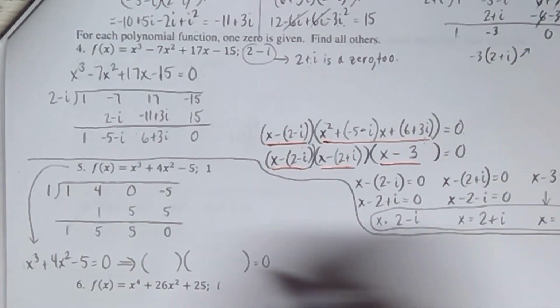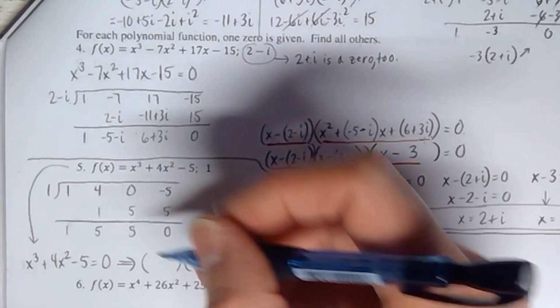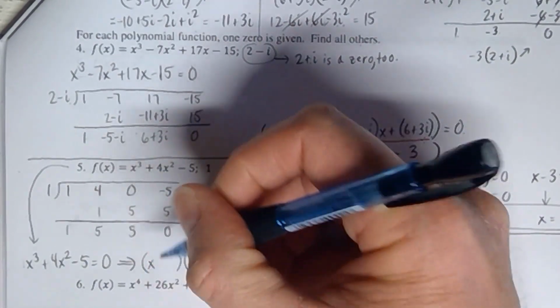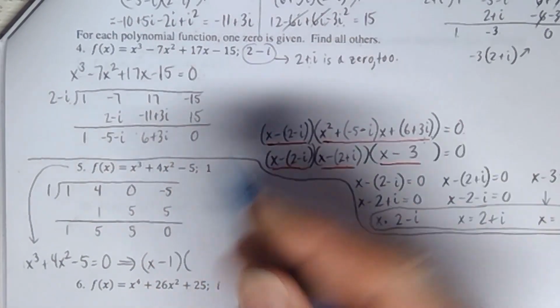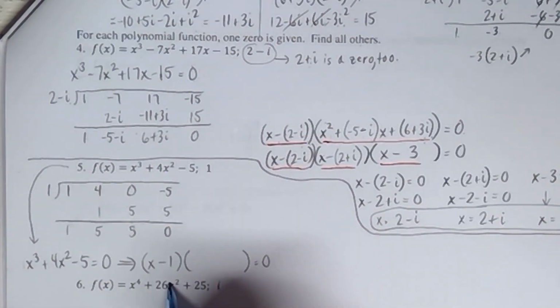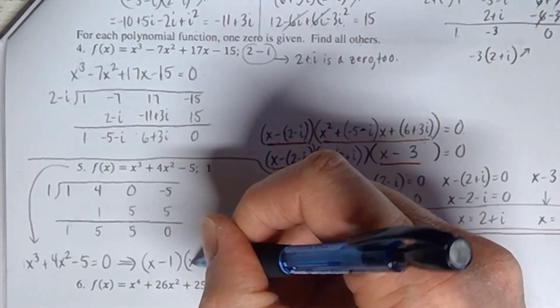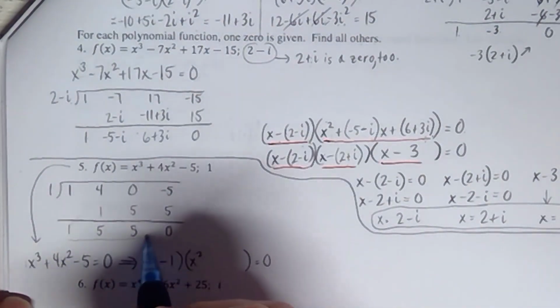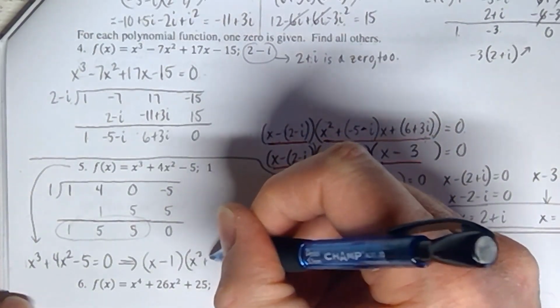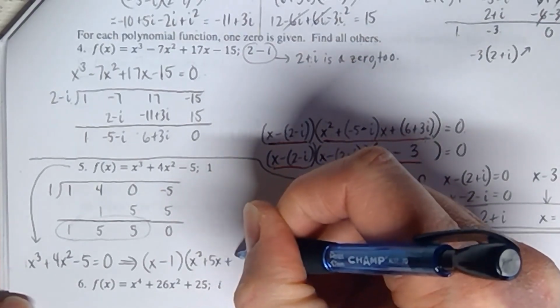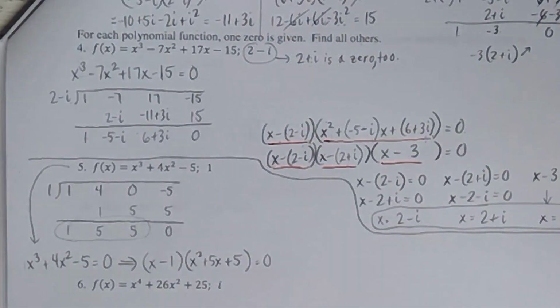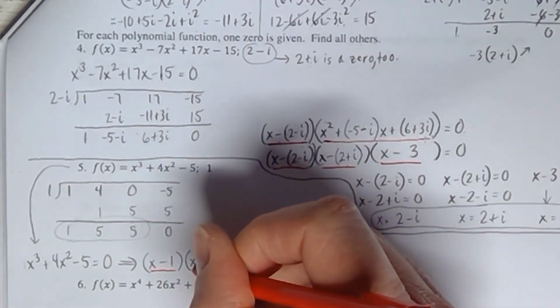And that's going to be x minus 1, opposite sign of what's up here, and then x squared plus 5x plus 5, just using these 3 numbers here. So what we have here now is a linear and a quadratic factor.